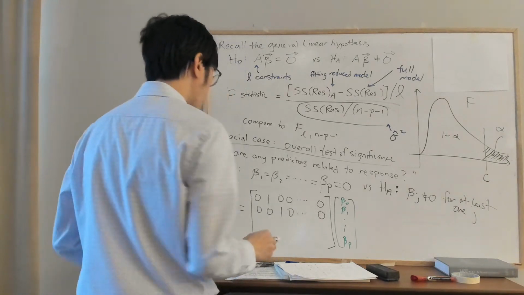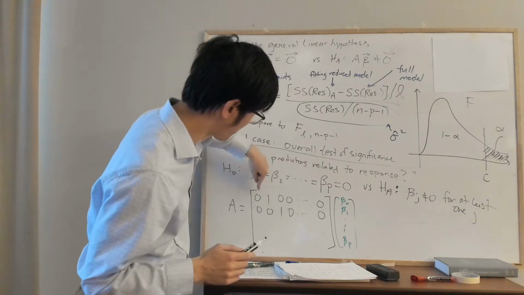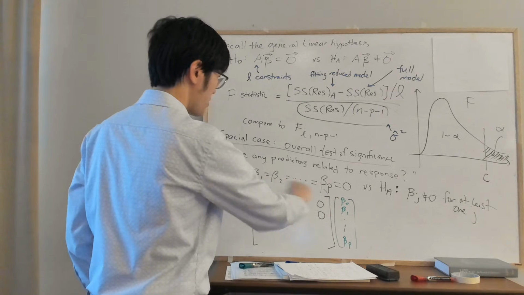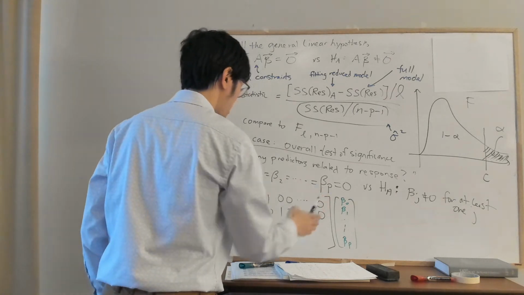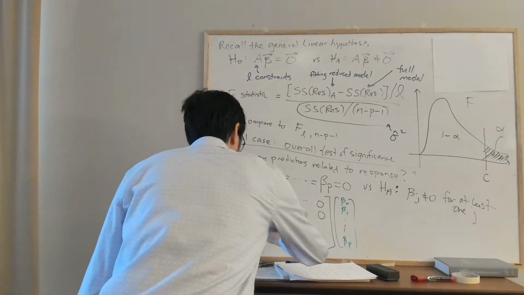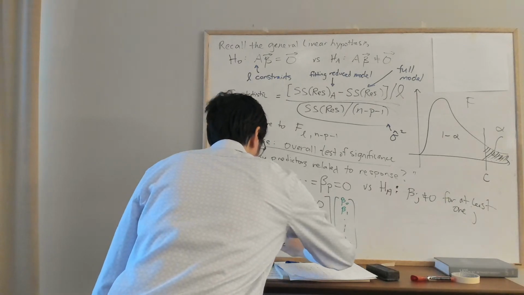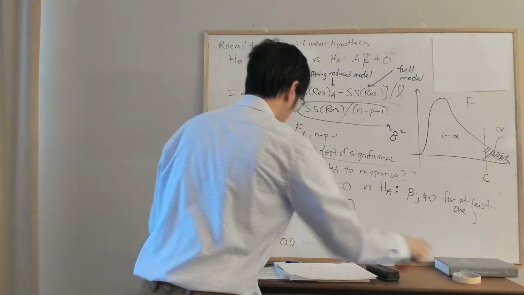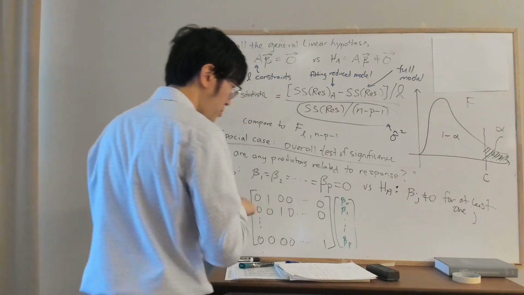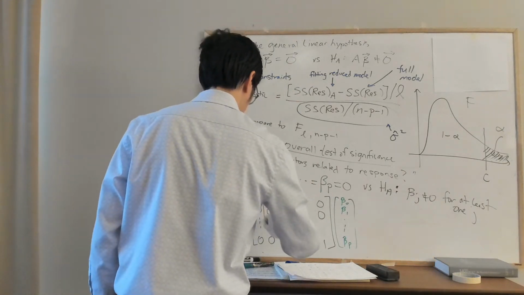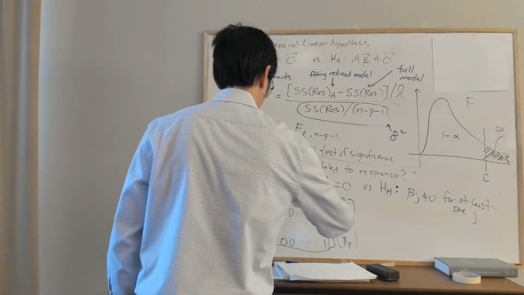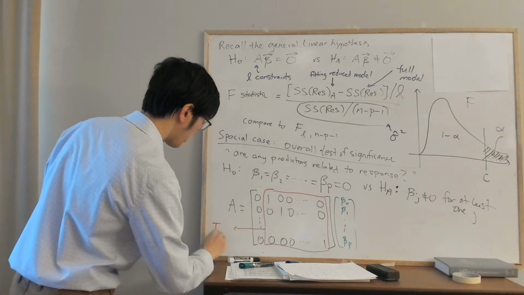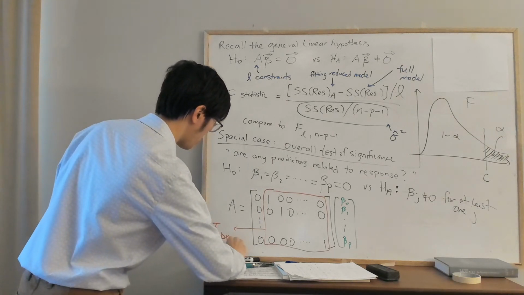Well, in the entire matrix, if you look at this submatrix, it is in fact the p by p identity. Let's finish writing this. As I noted, this part in red here is simply a p by p identity matrix.